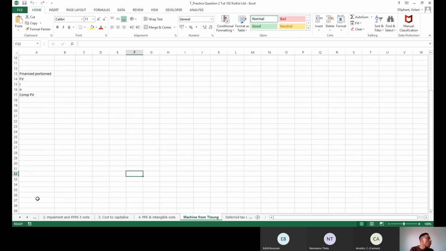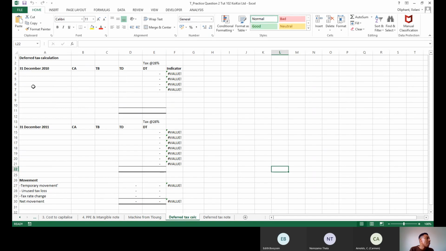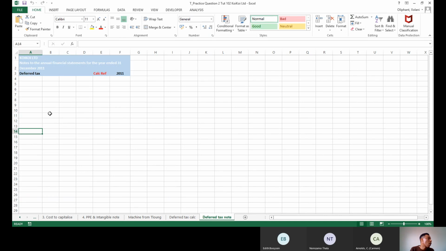Fine. Okay, there you go. So if we had additional information in this question, we could have done the deferred tax calculation, and also what we would disclose in the deferred tax. However, the information that we have here is not sufficient. So it's always good, when you do a question, to think about the complete picture of what they would have asked for.